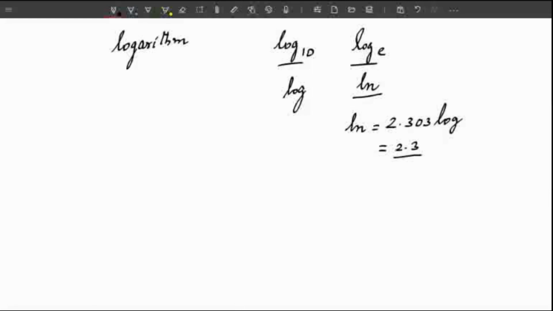For example, ln of 943 is equal to what? If anybody asks, you work out the common logarithm of 943 and multiply it by 2.3, and you will get the natural logarithmic number. Therefore, we are not going to discuss separately finding logarithm and anti-logarithm for common and natural logarithmic numbers.